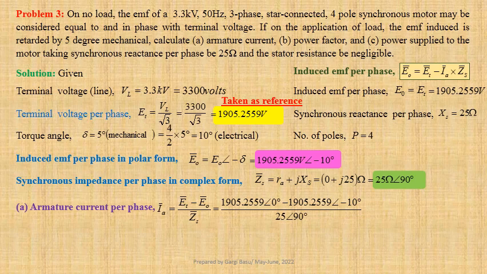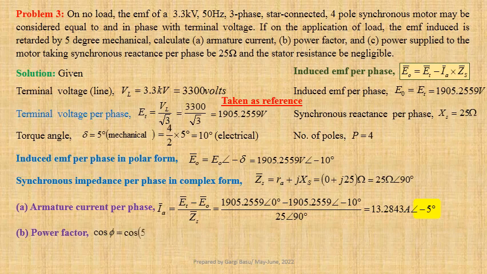That gives us 13.2843 ampere at an angle minus 5 degree. Operating power factor of this motor cos phi equals cos of 5 degree, that is equal to 0.9962 lagging. Now we shall calculate power supplied to the motor.